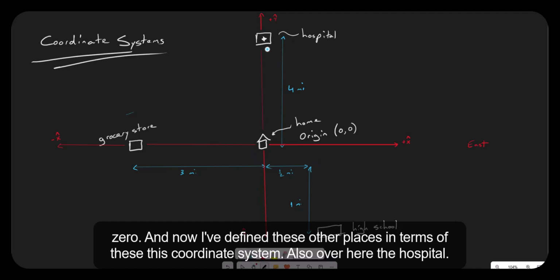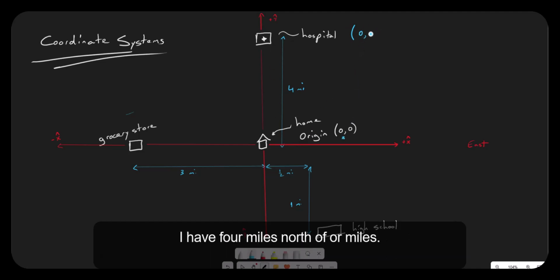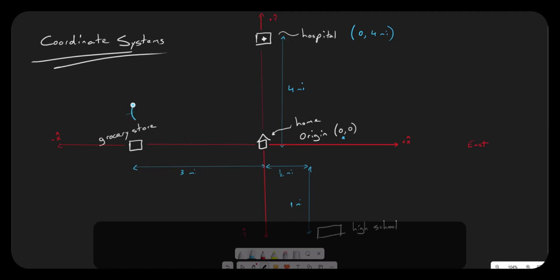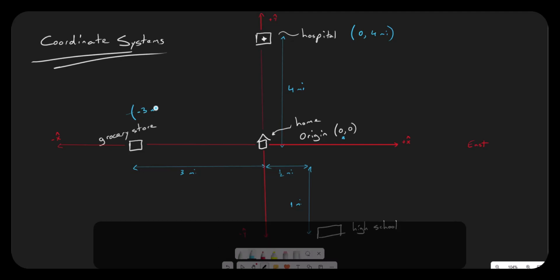Over here, the hospital, that's 4 miles in the y direction. So its x coordinate, because x comes first, its x coordinate is 0. Its y coordinate, I am 4 miles north, so 4 miles. The grocery store is 3 miles directly west of home. Its x coordinate is 3 miles away, but it's to the west, so it's negative 3 miles.